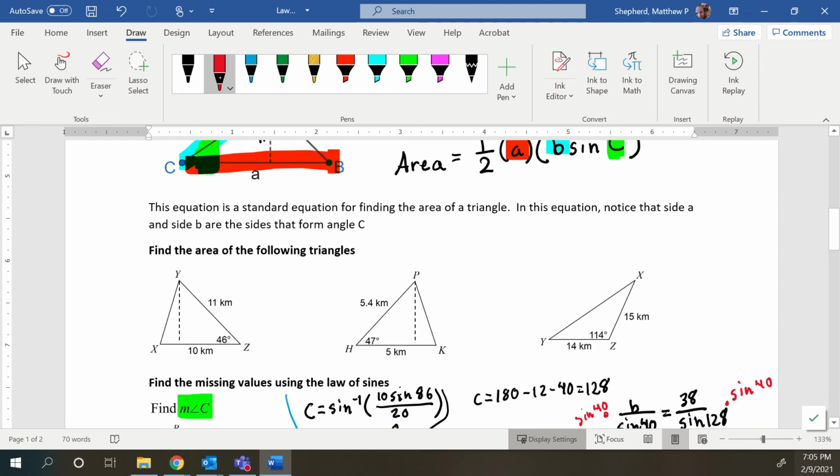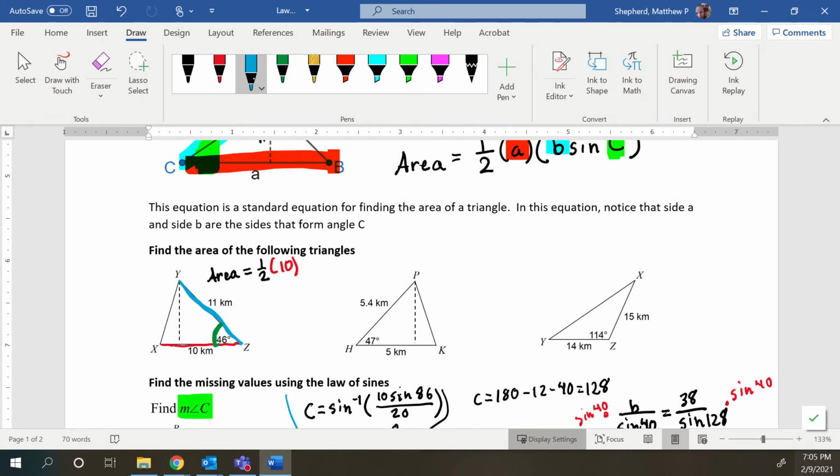In these next problems, I've got that side for my base, which means that side's going to be the B in our equation, and C will be the angle in between them. So I set this up as the area is equal to 1/2, and my base is a 10.